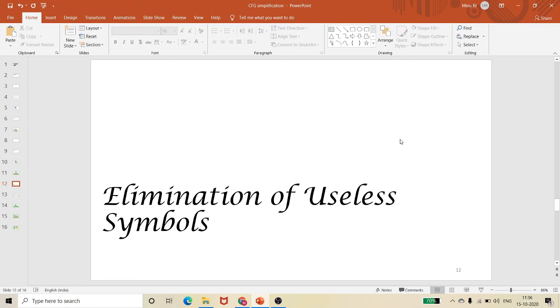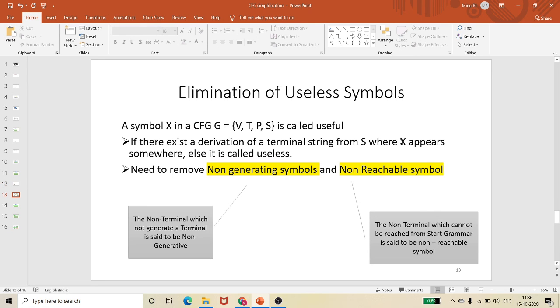Next is a very crucial and important task: elimination of useless production, that is, useless symbols. In a grammar, a symbol is said to be useless because of these two conditions: if it is a non-generative symbol or if it is a non-reachable symbol.